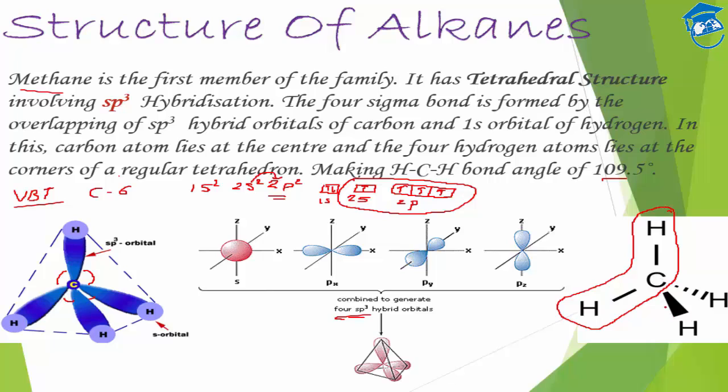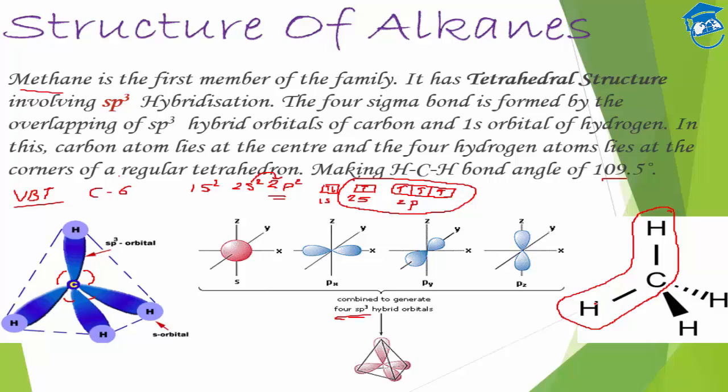Then there is the wedge. The wedge means the bond is out of the plane of the paper, coming towards the viewer. And this is known as a dash, which goes inside the plane of the paper, away from the viewer. So this clearly gives us the picture of how things are arranged in 3 dimensions.